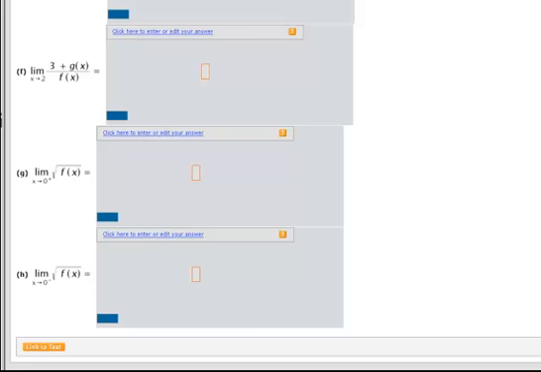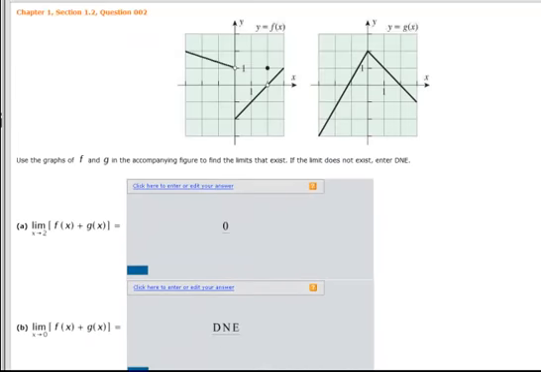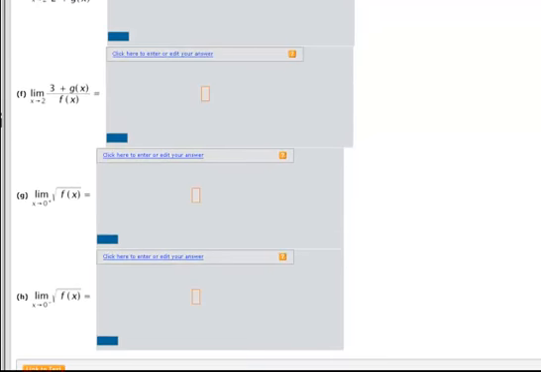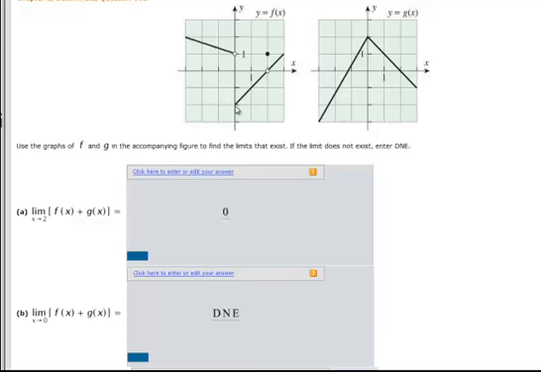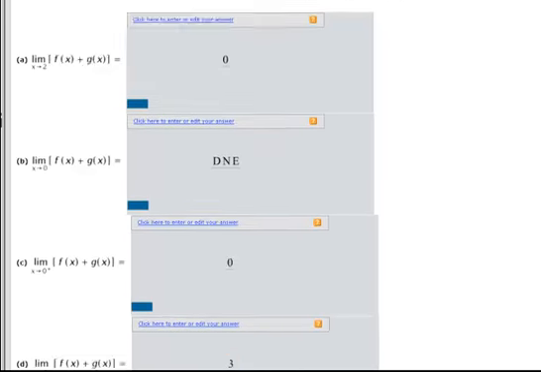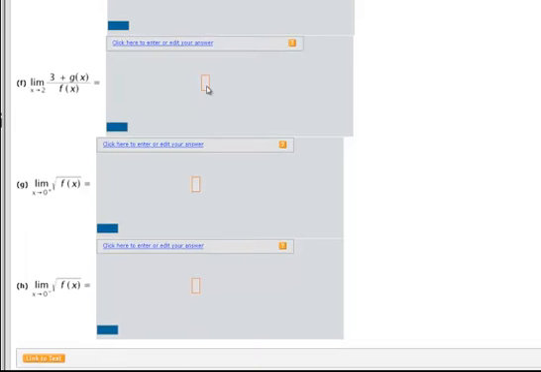As x approaches 2 of f of x, that's 0. So that's not good. It's 0 on the denominator, so that does not exist. So we're going to have to put DNE here.